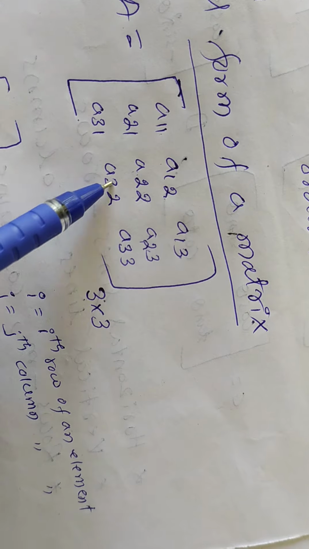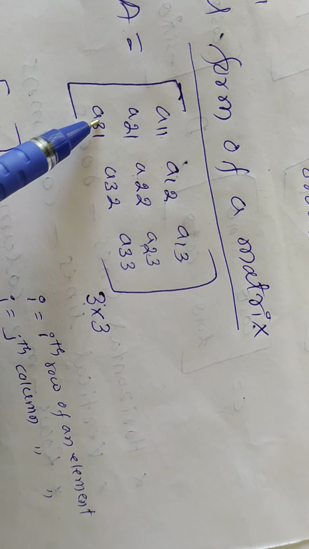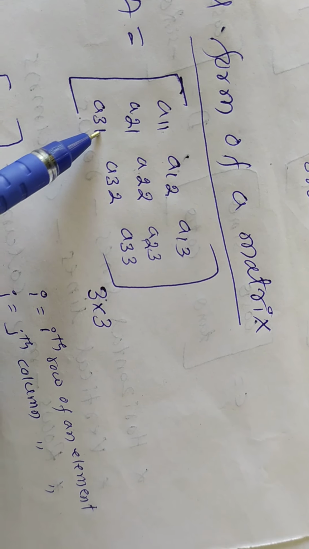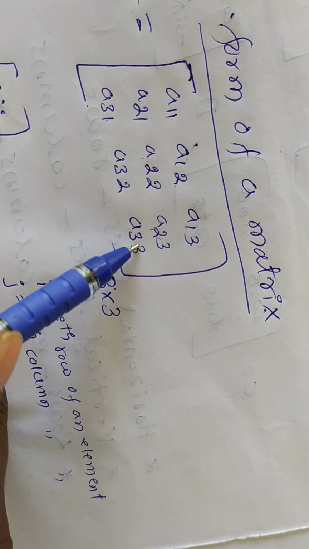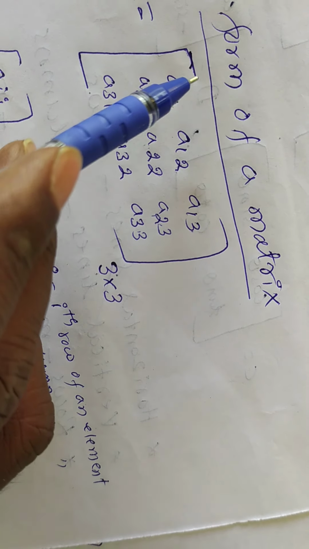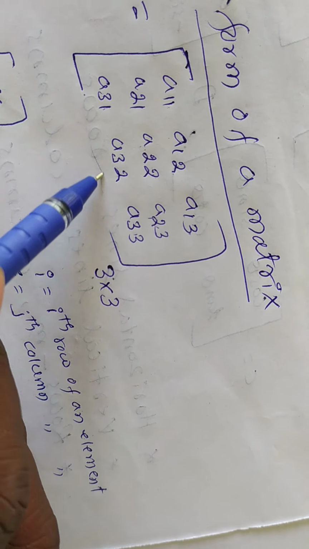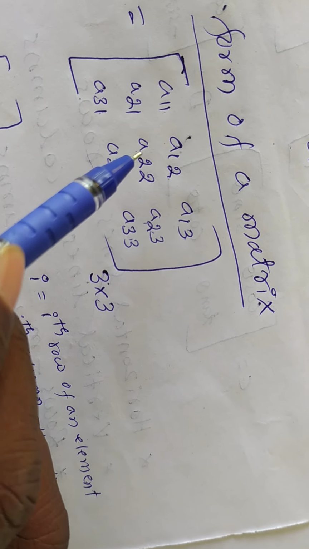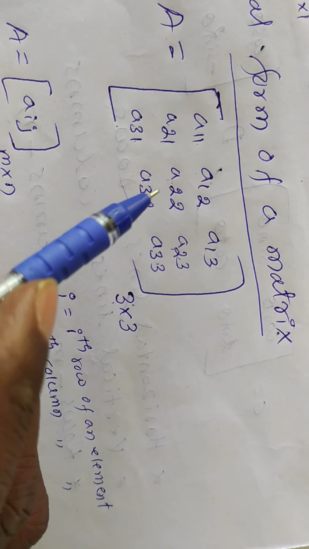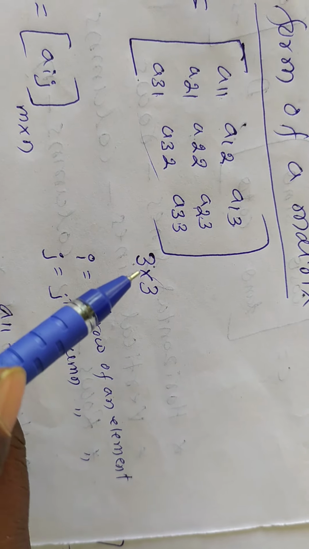This indicates which row and which column an element belongs to. Its order is 3 cross 3.